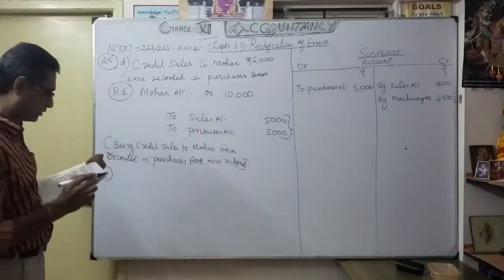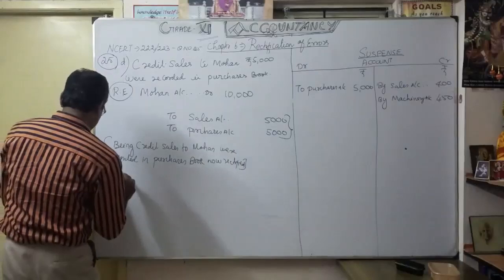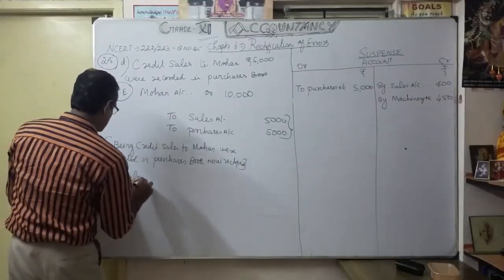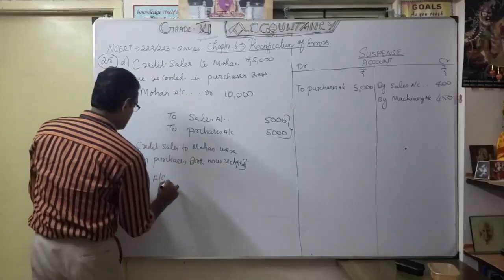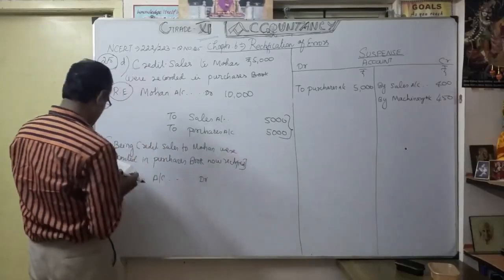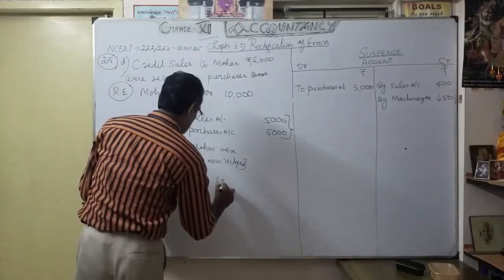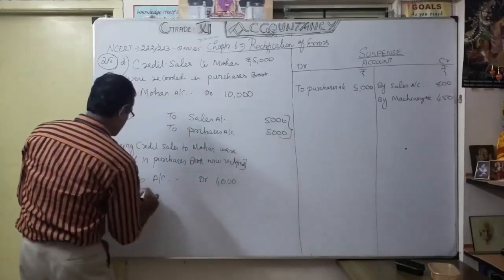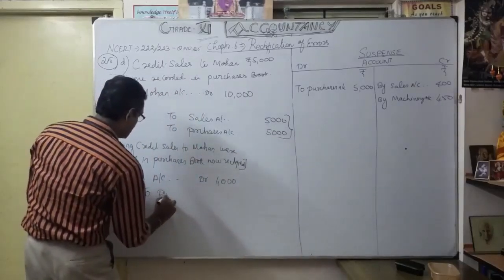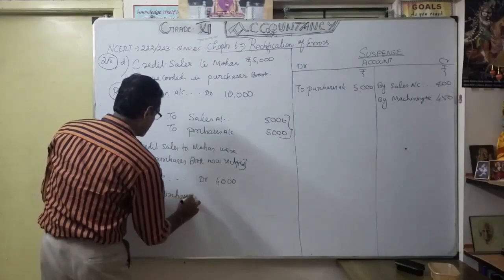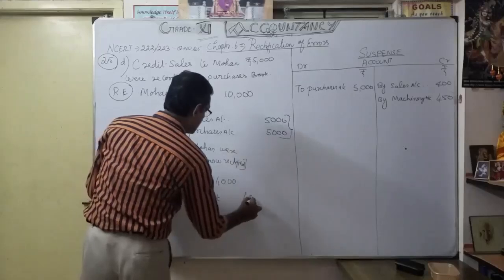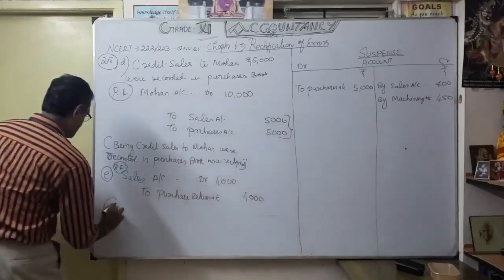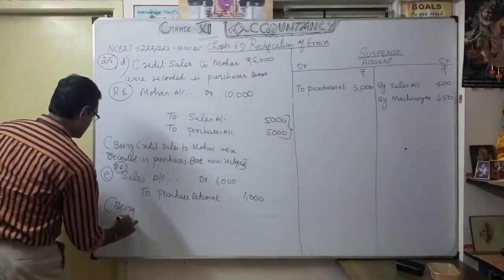Sales account debit 1,000. We are going to credit purchase return account 1,000.